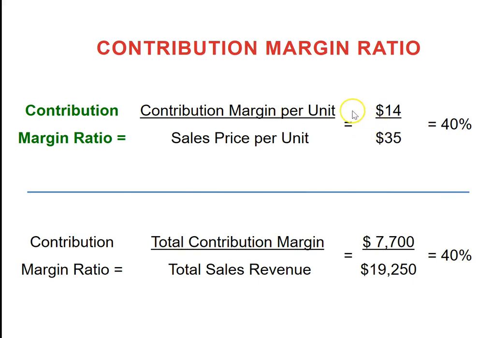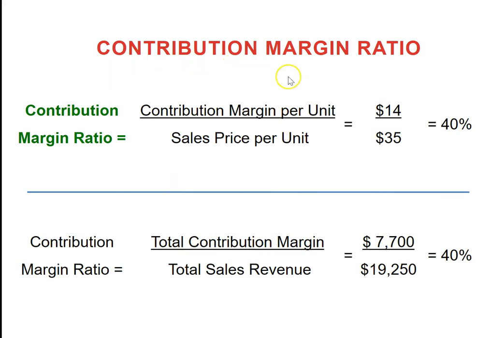That means if you use per unit information, your contribution margin per unit is $14, your sales price per unit is $35, which gives you a contribution margin ratio of 40%. And you will get the same ratio if you use the total amount.